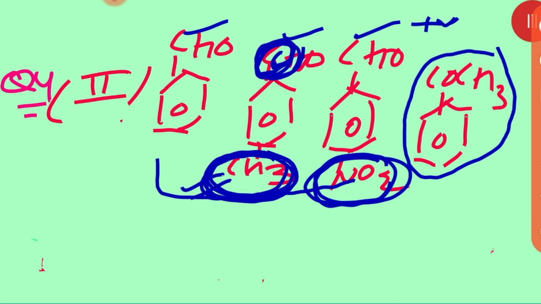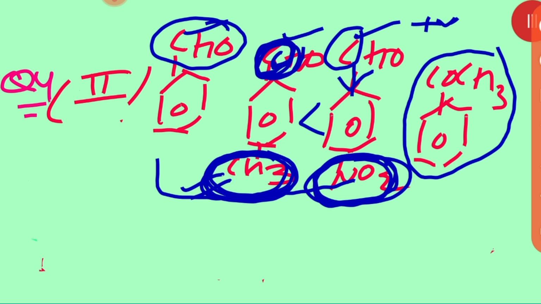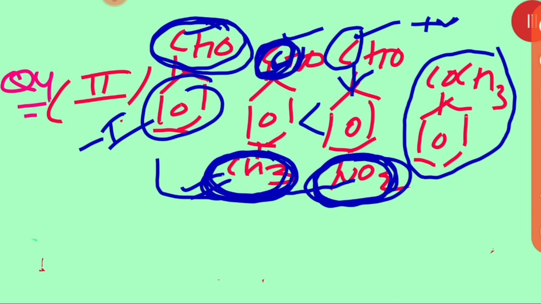But NO2 is electron withdrawing, meaning it pulls electrons, the positive charge on carbon increases, so nucleophile attack will become easy. Is that clear? So between CH3 and NO2, this NO2 is more reactive. Now you please see simple benzaldehyde. There is no alkyl group, and the ring always shows a minus I effect.